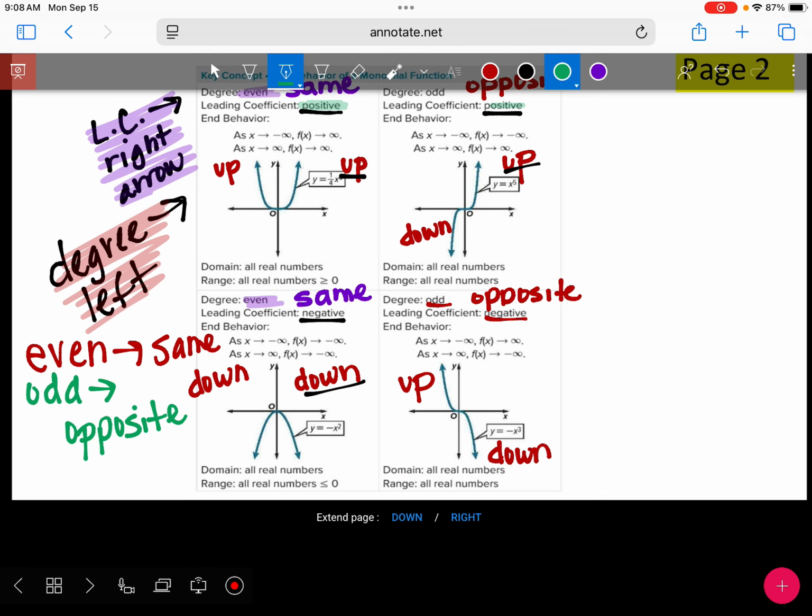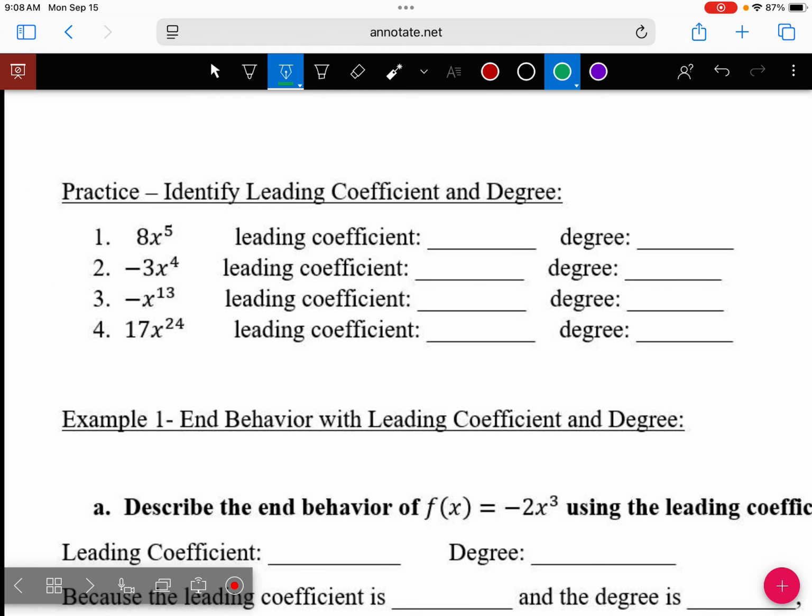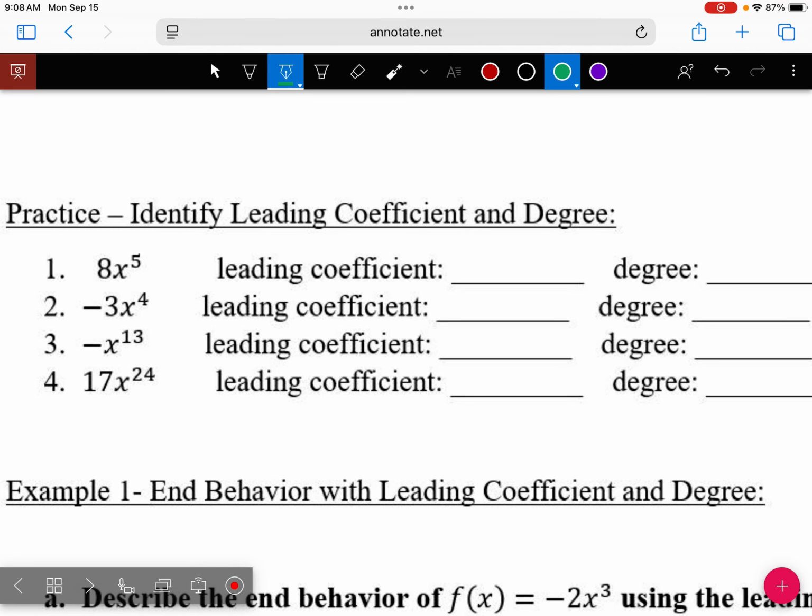All right, so now let's go ahead and look at this one together. We're just going to determine, and we're going to sketch our graphs for each one. So the leading coefficient, that's this number right here, is positive 8. So if I were to sketch a graph for number 1, because it's a positive 8, that means that the right side is going to go up.